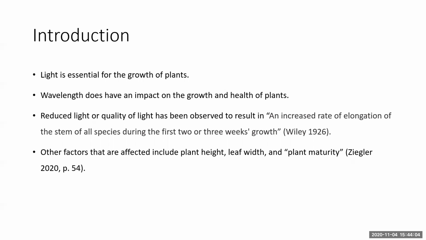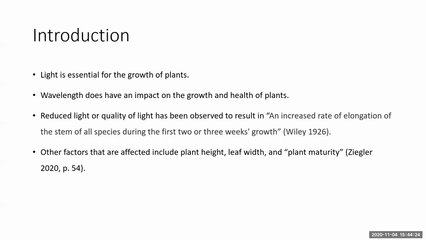Light is essential for the growth of plants, and the wavelength of the light does have an impact on the growth and health of plants. Without light, plants would not be able to photosynthesize and life on Earth could not be sustained.